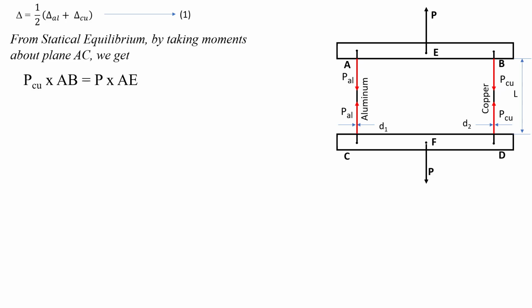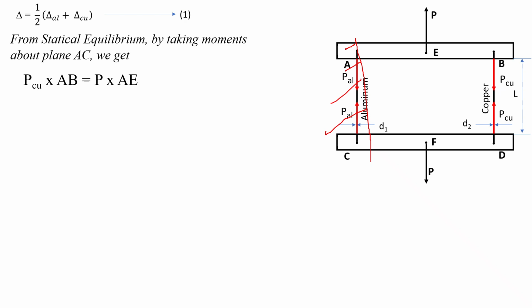First we have to consider the equilibrium condition from the plane AC. So the moment here you have to consider as 0. We know moment is force into distance. So upward forces into distance equal to downward forces into distance. The upward force is P and the distance is AE.